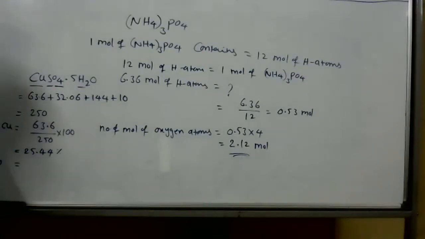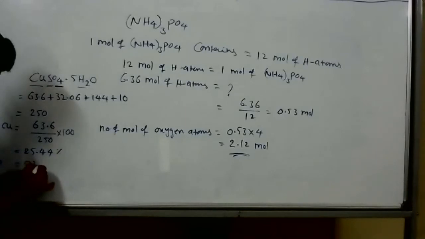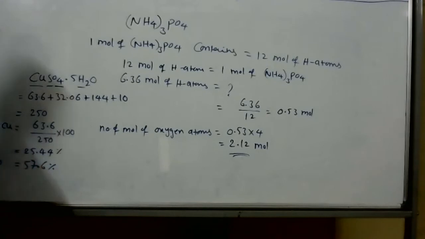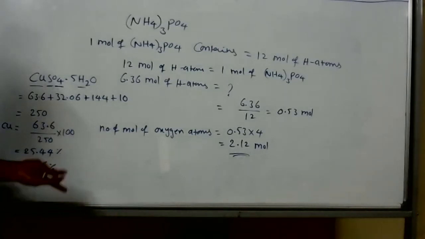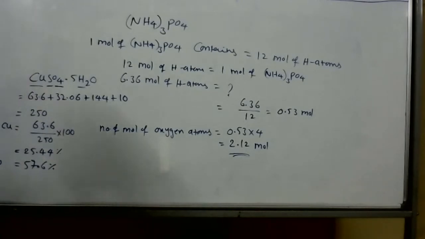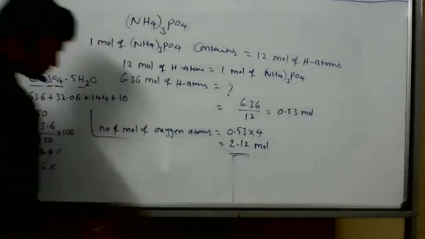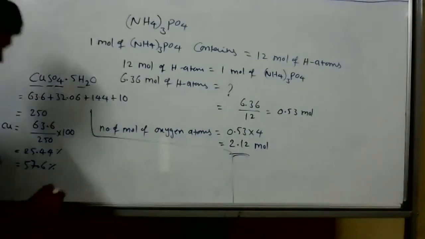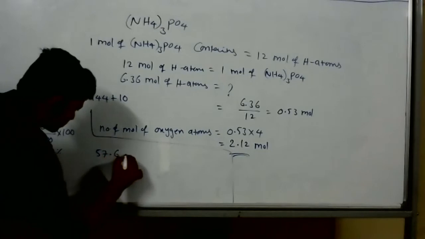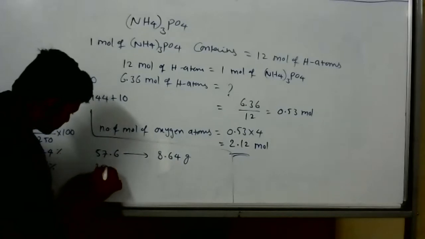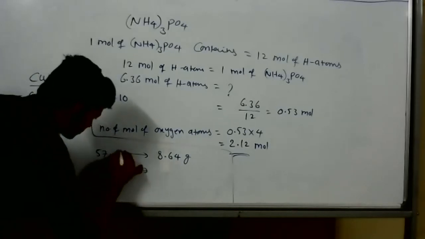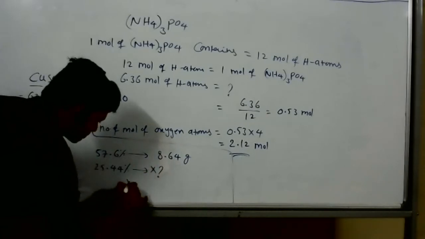This is 57.6. So here 57.6% is equal to 8.64 grams. Then 25.44% is equal to how much mass? Calculate X.